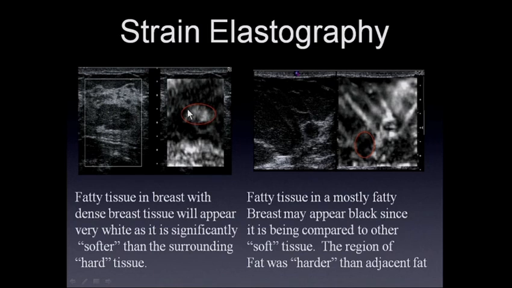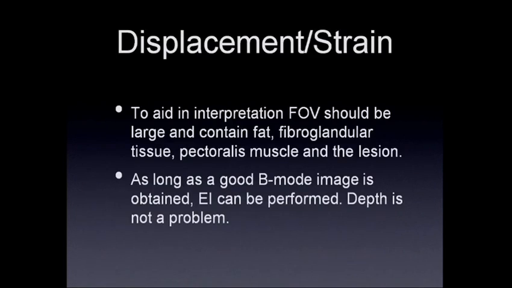Fat shows up as being white or soft, and for all my images I'm using white as soft and black as hard. But in this image on the right, which is almost all fatty tissue, we do get some areas of fat that are black, and this is because we only have fat in this image, and the algorithm forces something to be the hardest in that image, and in this case this is fat. So it's very important that you realize this and remember this when you're interpreting images.